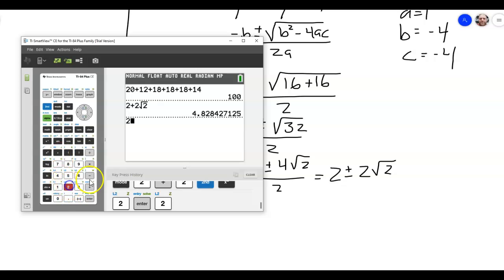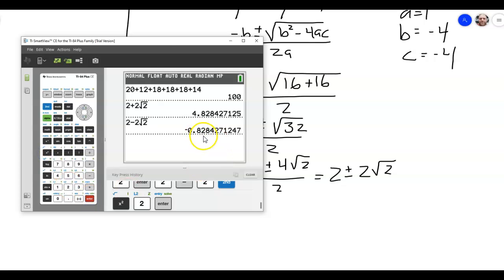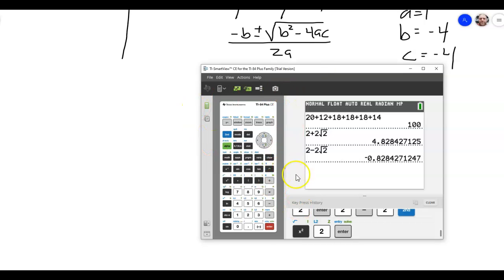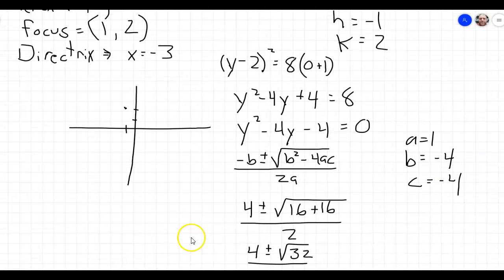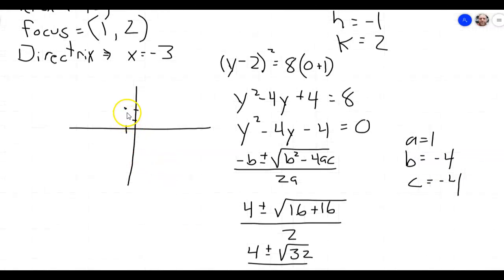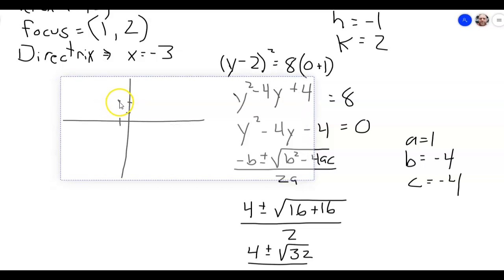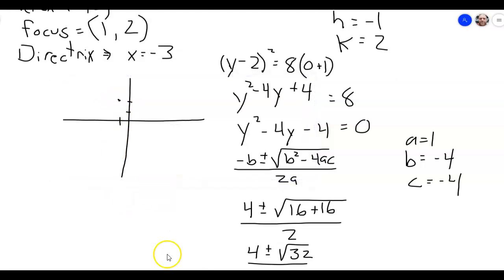And I can also do 2 minus 2 root 2. And that gives us almost negative 1. So it's going to go through almost 5 and almost negative 1 on the y-axis. So it's going to come down here. Oh, wow, that was kind of weird. All right, well, we'll take it.